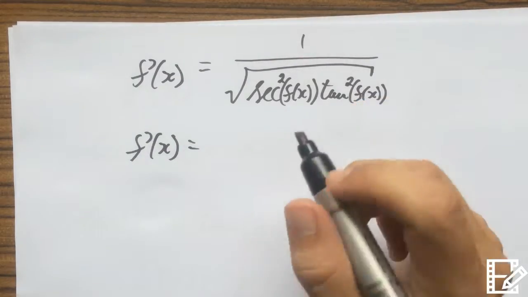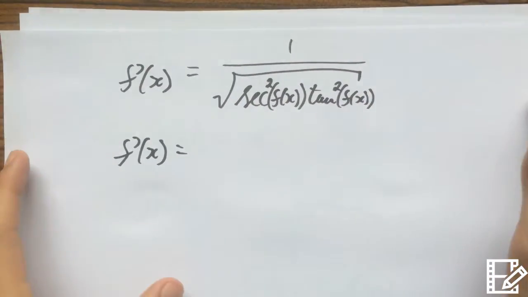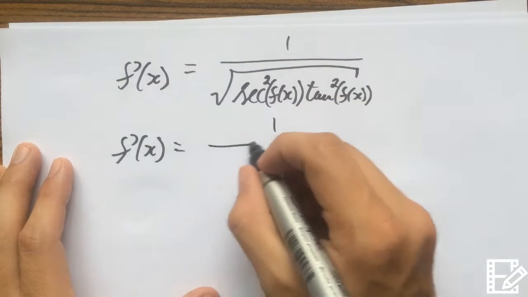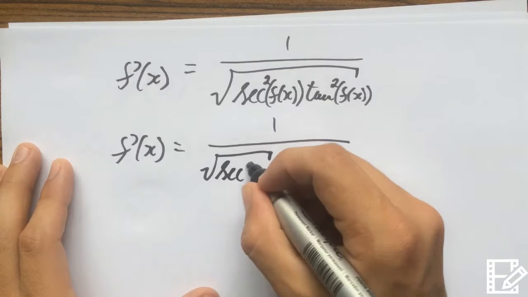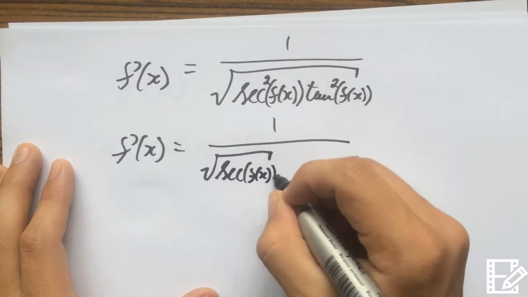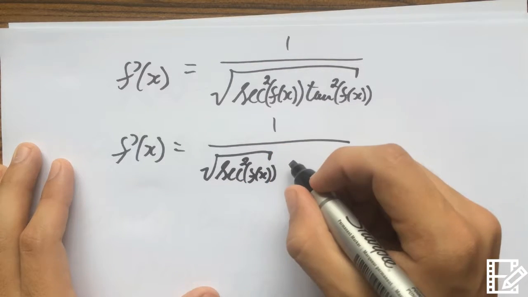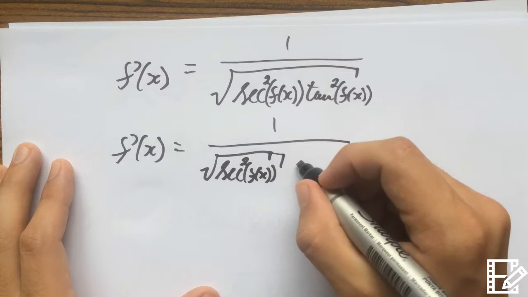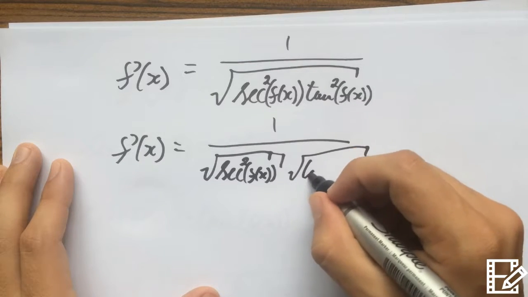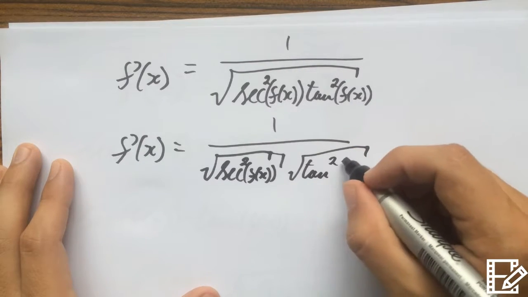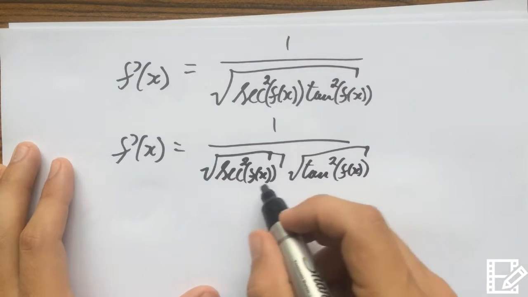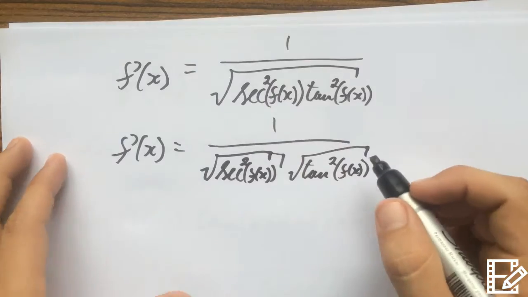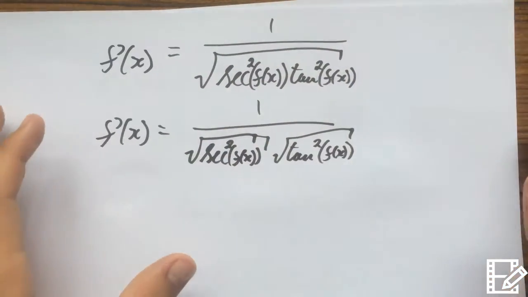Okay, now what I'm going to do is split them up. And that's going to look like 1 over square root of sec squared f(x) multiplied by square root of tan squared f(x). This equals the same thing. When you multiply these together, you get this. All I'm doing is just rearranging and chopping and changing.